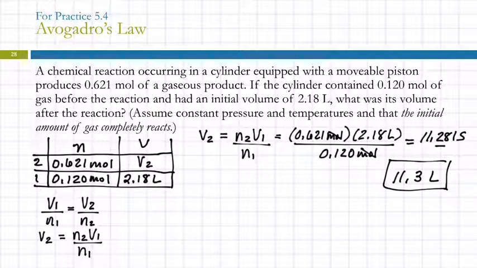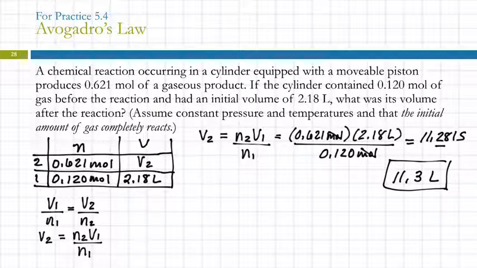Did the initial 0.12 moles get reacted? Is that part of it? Yes. Okay, so it's not there in the final. Yeah, and I actually added a little to this because it didn't specify that in the textbook. And so I'm saying assume constant pressure and temperature and that the initial amount of gas completely reacts. That bothers me about this problem.